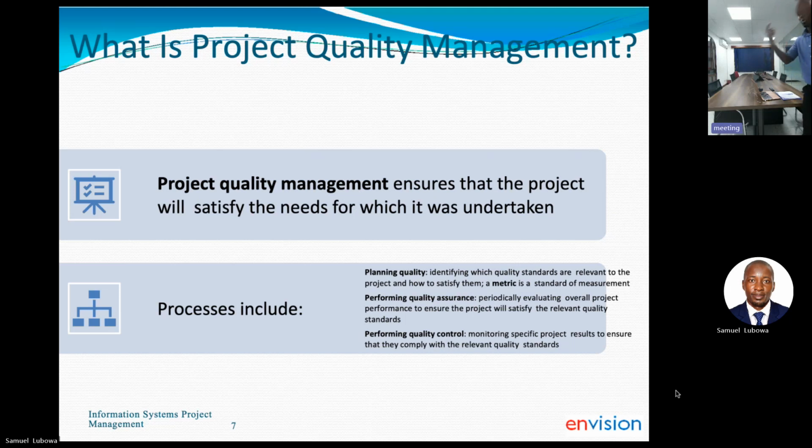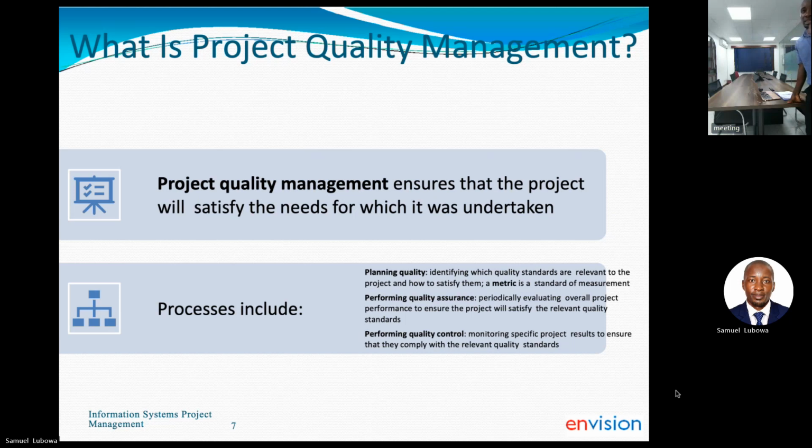It is a review: you evaluate the overall project performance to ensure the project will satisfy the relevant quality standards. You keep testing and working with the system to ensure it meets the set standards, so that the system reaches the end with what it was intended to do.